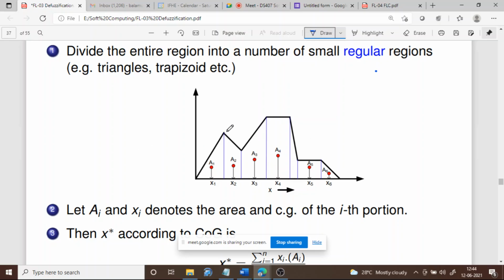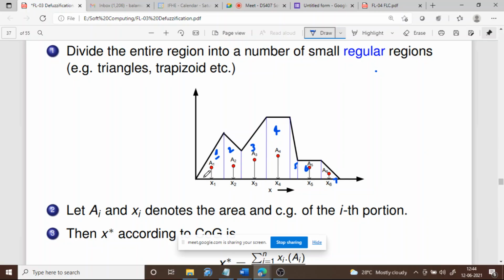But you can divide this graph into several parts, say part 1, part 2, part 3, part 4, part 5, part 6, part 7. Like this we can divide the graph into several parts, and then find the area of each part.